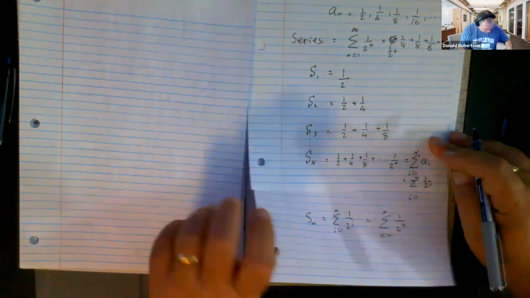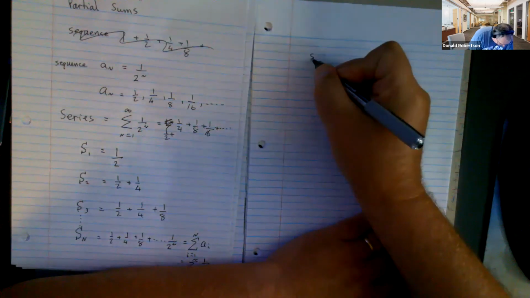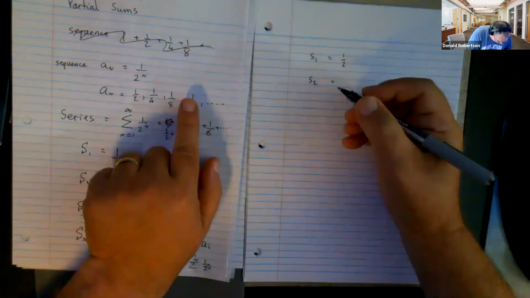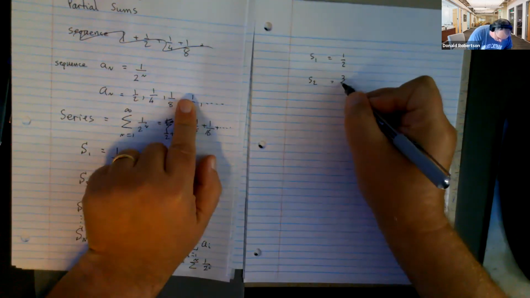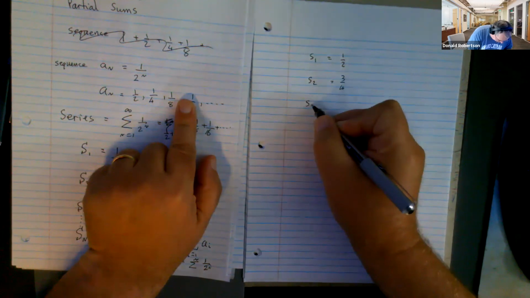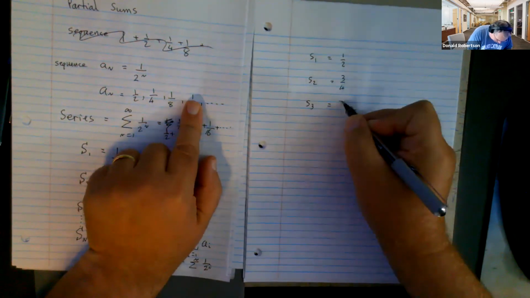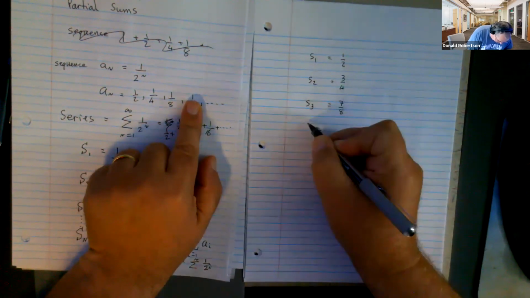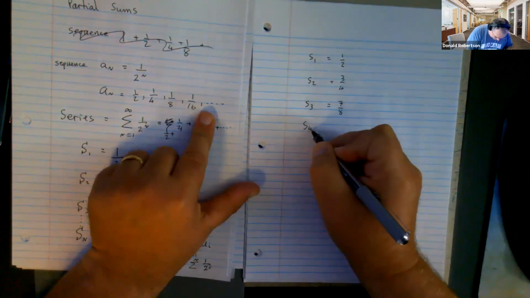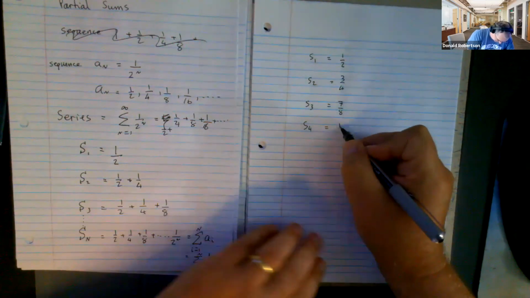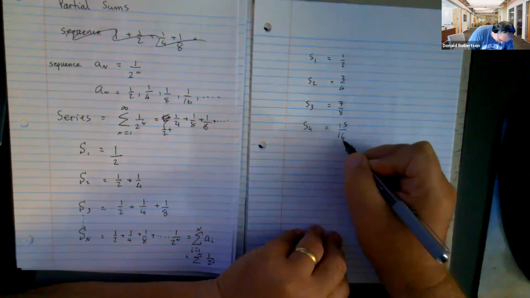So let's look at the 1 over 2 to the n one and look at its partial sums. If you add up the first term, you get a half. If you add up the first two terms, you get 3/4. If you add up the first three terms, you get 7/8. And if you add up the fourth term, you get 15/16.